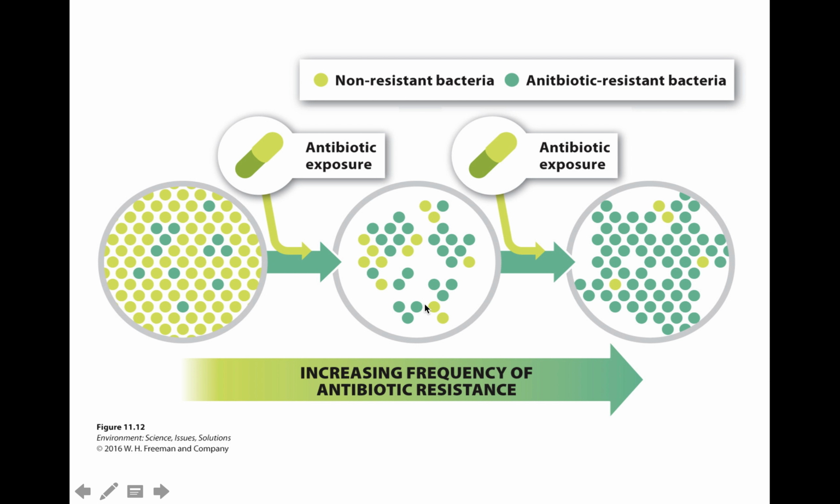So if they have the surviving gene that's important for surviving that antibiotic, then their progeny will all have the same gene that helps them survive that antibiotic as well. And as this population grows, we will see more and more of the antibiotic resistant colored bacteria just because those are the ones that are surviving and those are the genes that are being passed on. Same thing we saw with insecticides earlier.